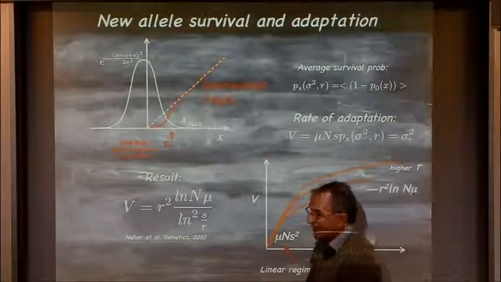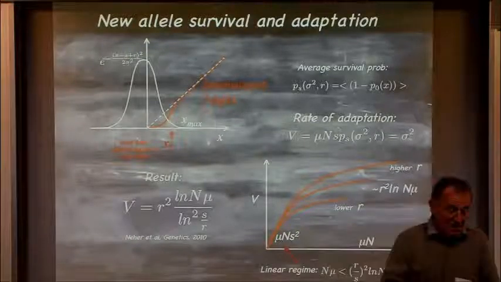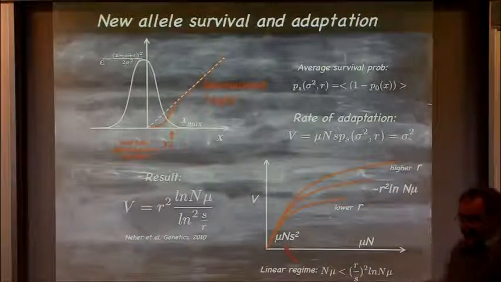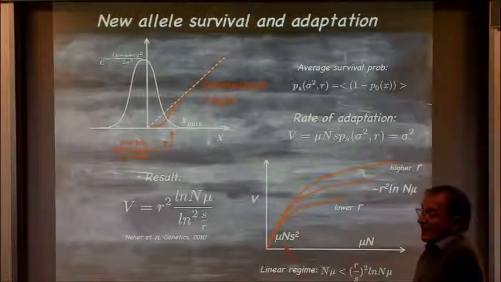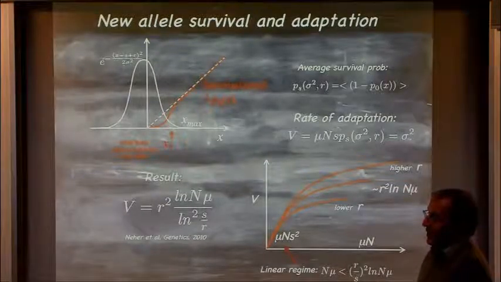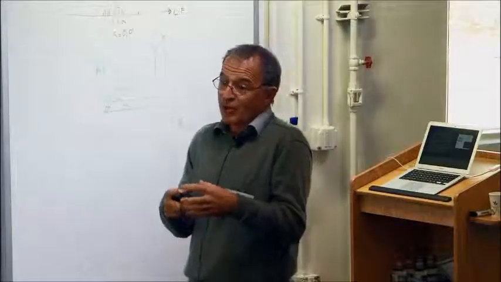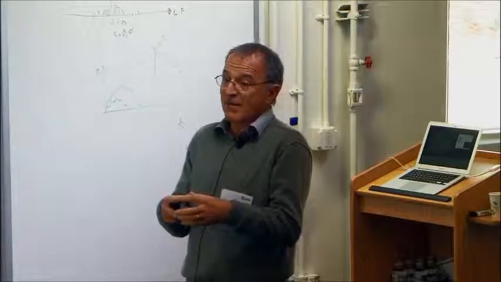So things like this immediately kick in. So basically, and you can think of this as a sort of a crossover between selecting on genotypes or the genomes versus selecting on the alleles, right?